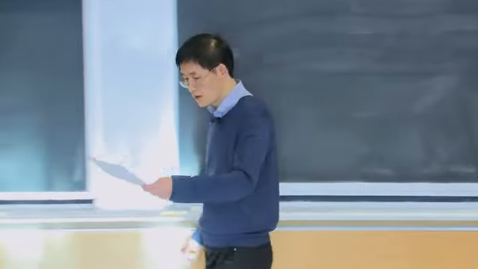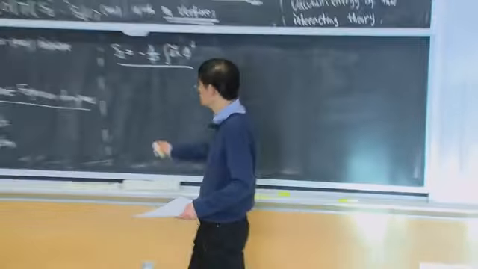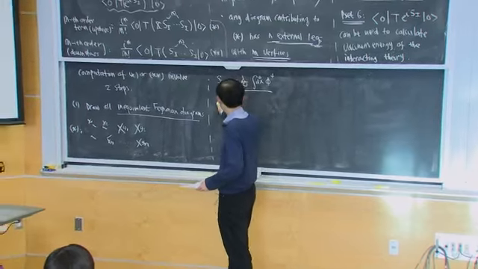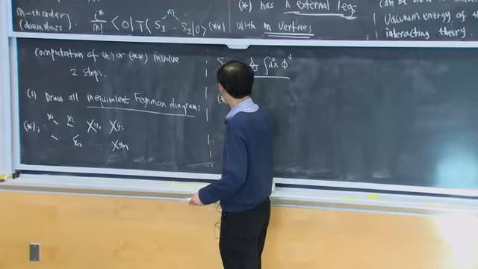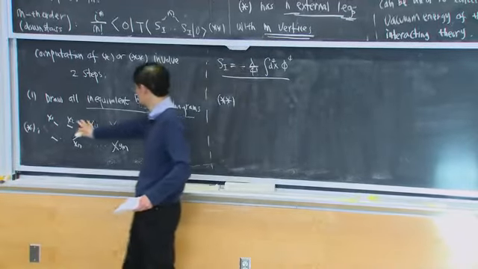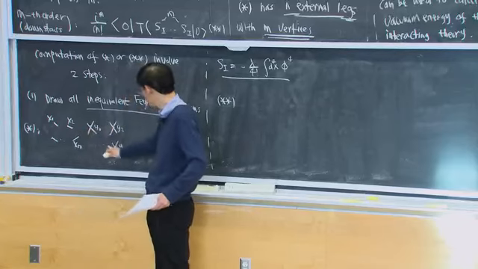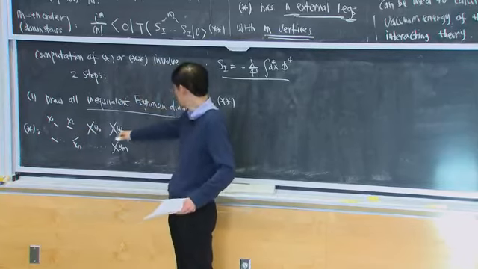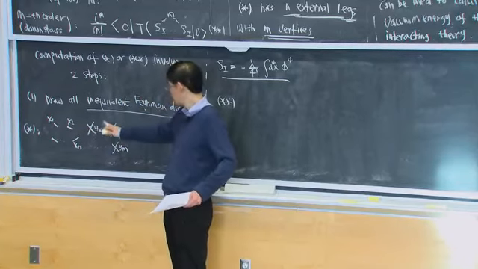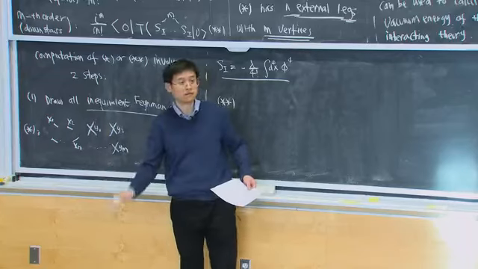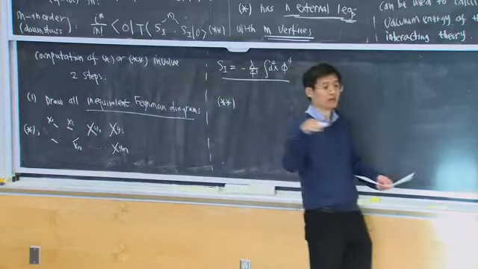Okay, so this is for star. For star, you just don't have the x. You just have the y's, you have m y's, and each y has 4 legs. You connect all of them together.